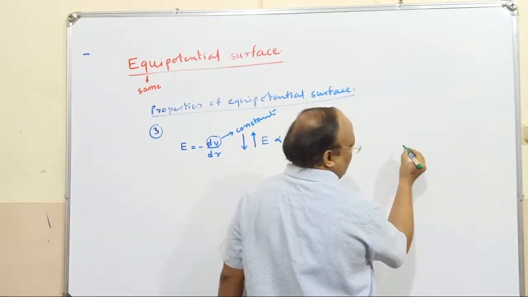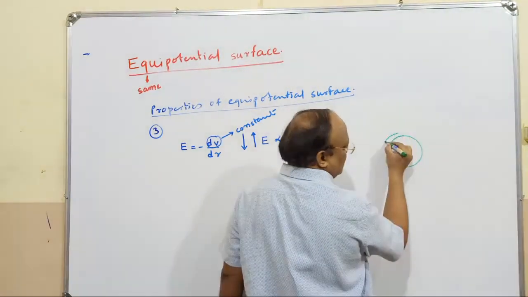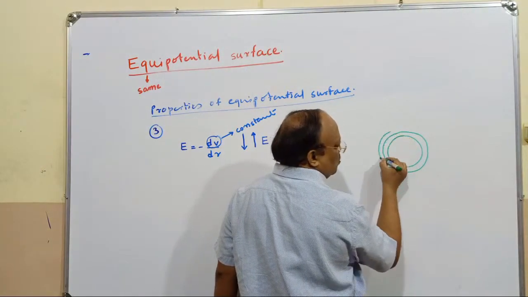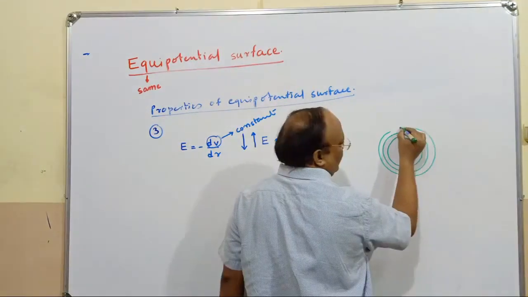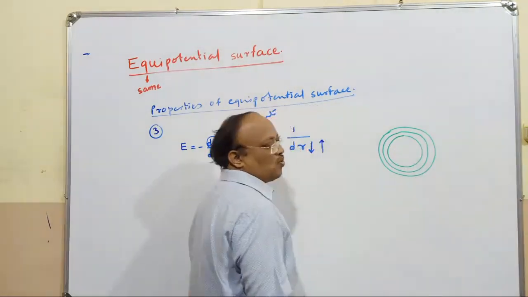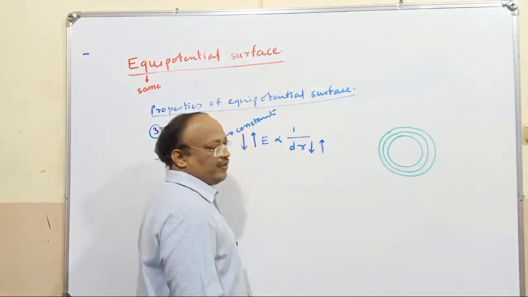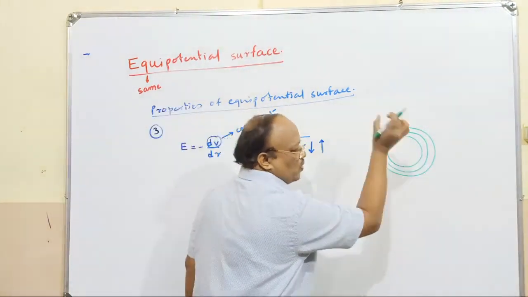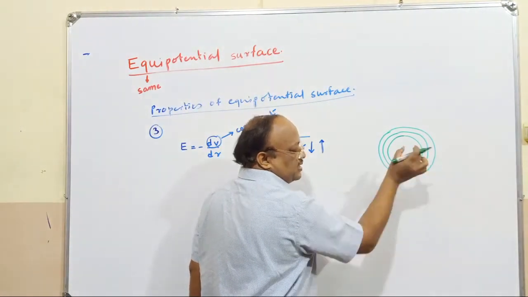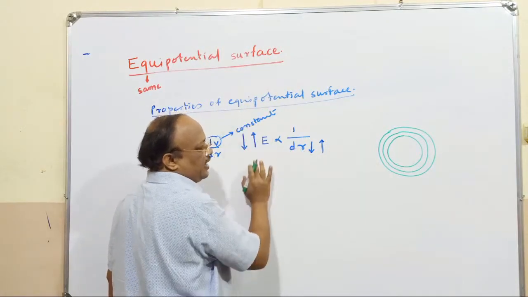If this is our charge, if the equipotential surfaces are close to one another, if the separation between the equipotential surfaces is less, then the electric field is more.